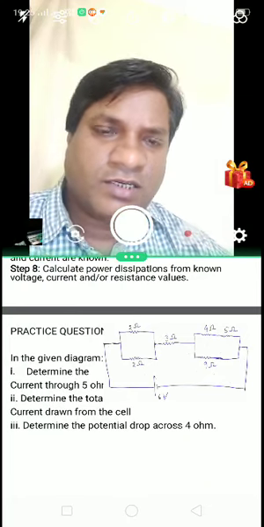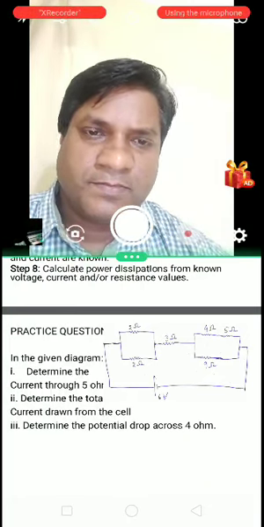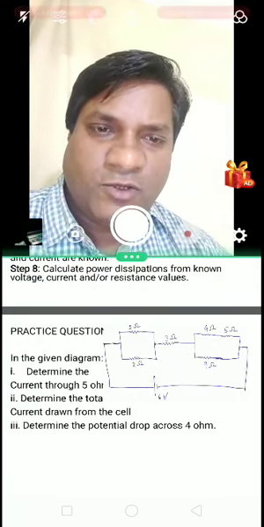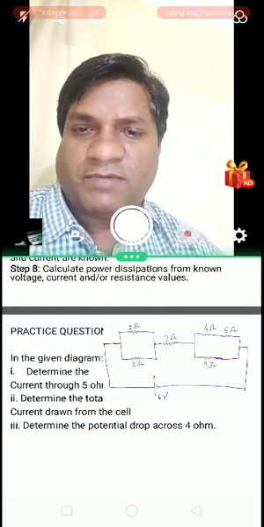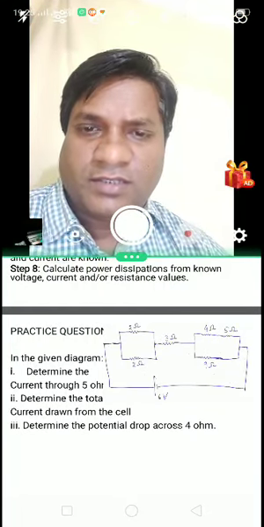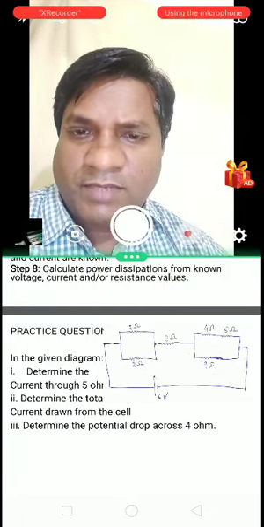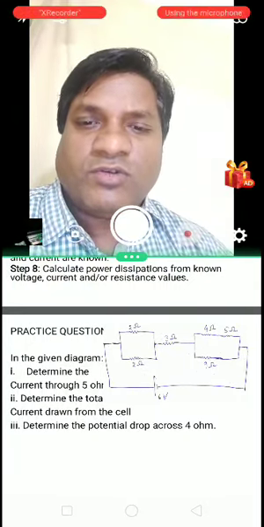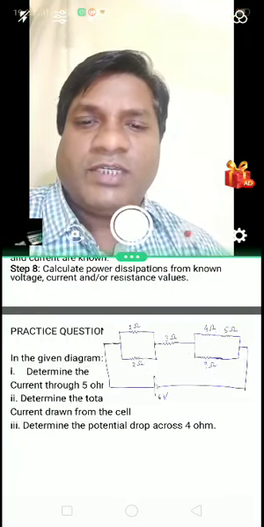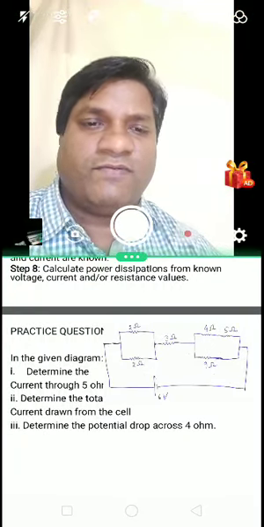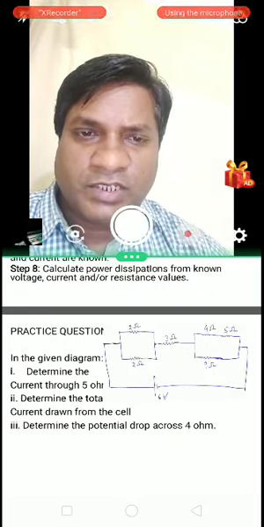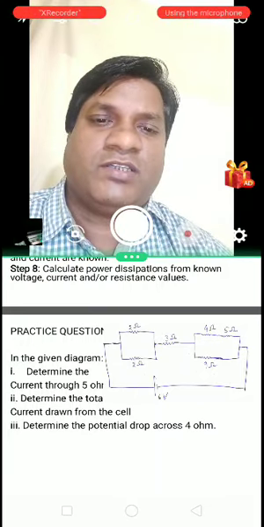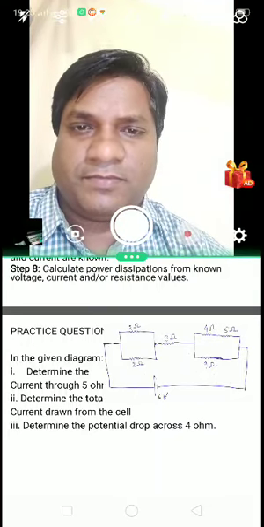Then the combination is connected in series to a 3 ohm resistor, and then again there is a parallel combination of 9 ohm with a series combination of 4 ohm and 5 ohm. In this problem, we need to determine the current through the 5 ohm resistor. We need to determine the total current drawn from the cell, and we need to determine the potential drop across the 4 ohm resistor. The potential drop across the 4 ohm resistor can be found if the current flowing through the 4 ohm resistor can be obtained.